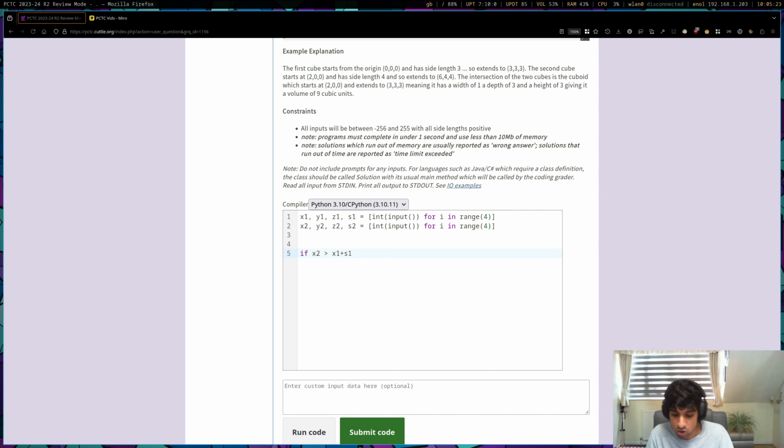So if this if statement is true, there is no intersection in the x-axis. And we have to do this extra bit here just because we're not actually given the coordinate of the biggest corner. So we have to calculate the coordinate of the biggest corner by adding the side length to our starting corner.